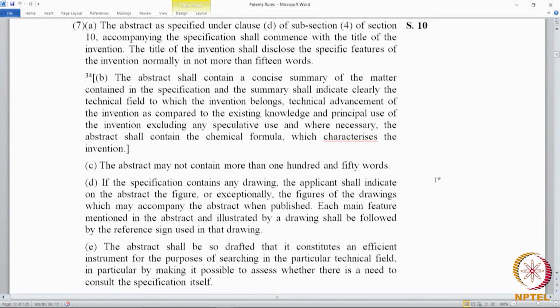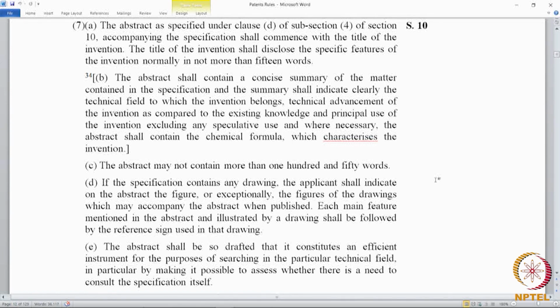So the word limit for an abstract is 150 words, and it shall contain a concise summary of the matter contained in the specification. And what should that concise summary indicate? 3 things, or rather 3 plus 1 things. The one is optional. The first thing, it should indicate the technical field to which the invention belongs. Second, the technical advancement of the invention as compared to the existing knowledge.